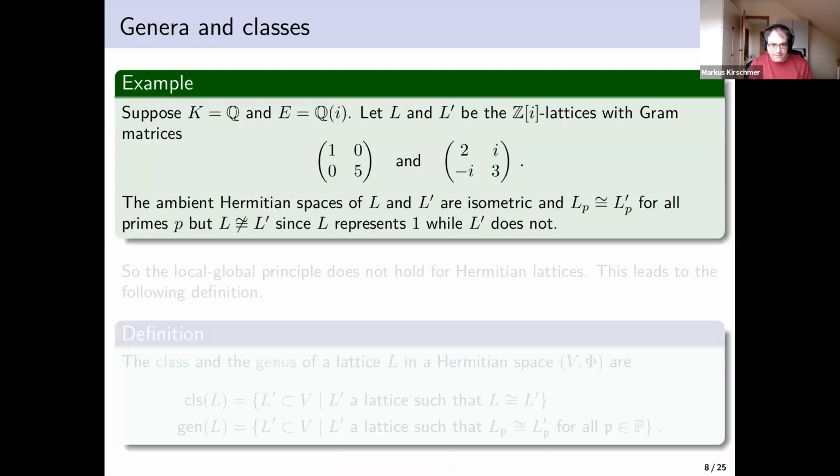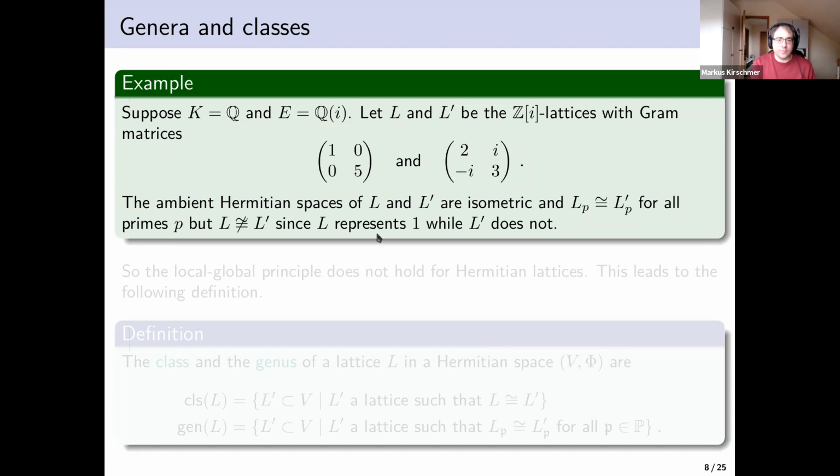Okay, so now it's time for an example. The easiest example I could come up with is K equals the field of rationals, E is Q adjoined i, so a quadratic extension. And L and L prime are the O_E lattices of rank 2, with Gram matrices (1, 0, 0, 5) and (2, i; -i, 3).